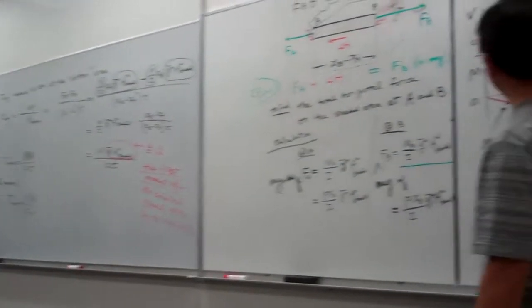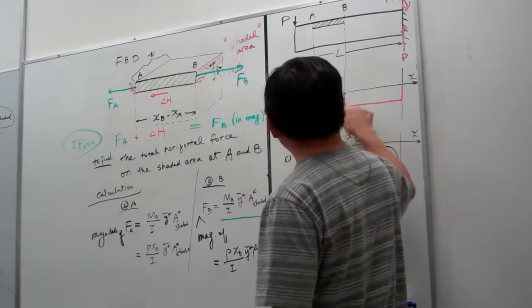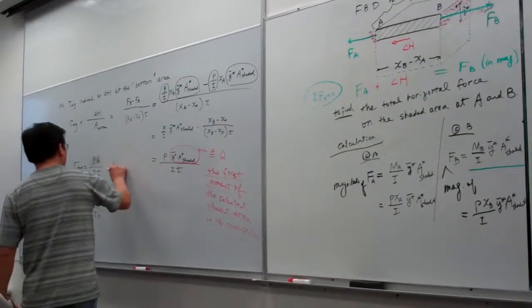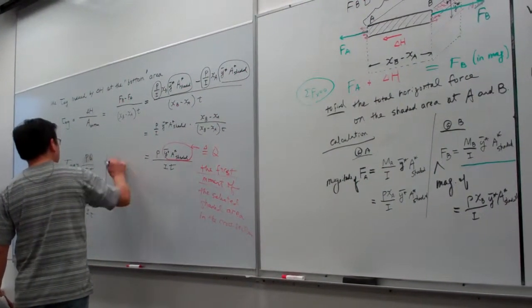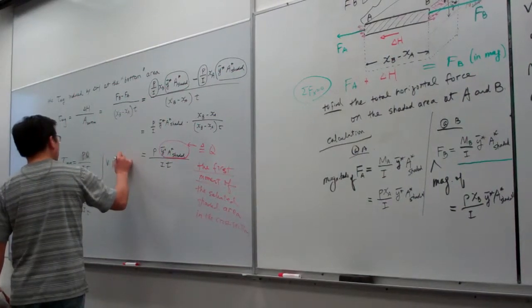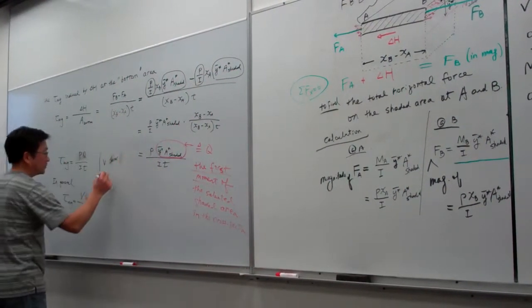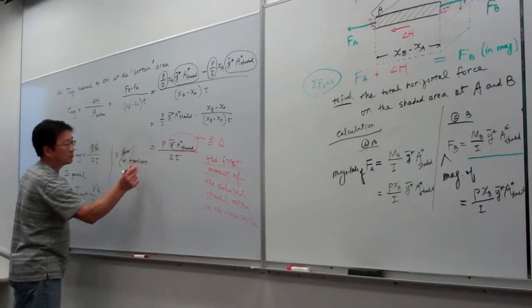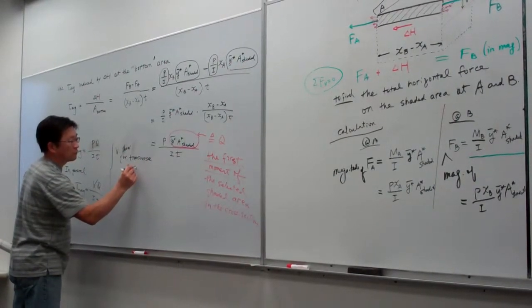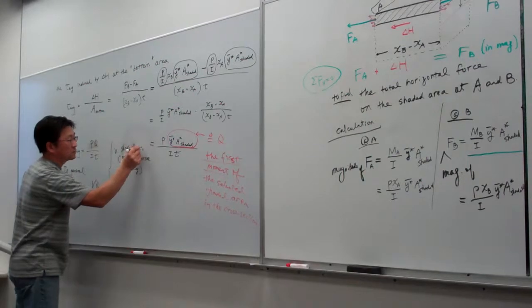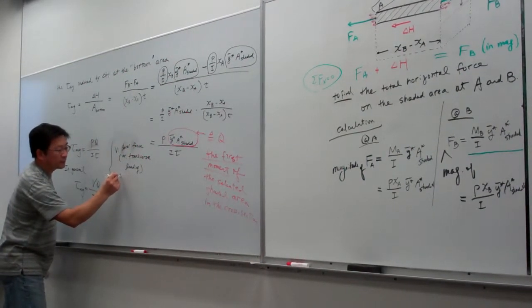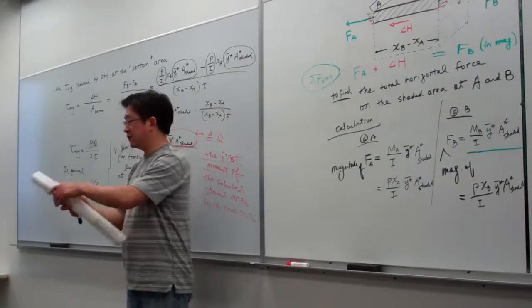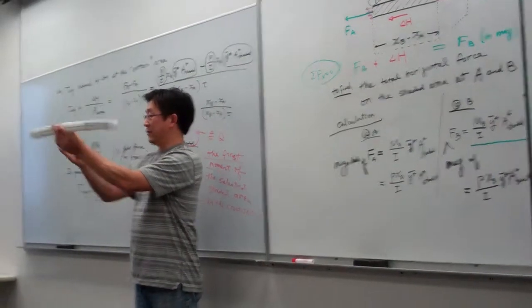The V is here, and that's the V. So let me give you the definition. V is the shear force, or transverse loading, at the selected cross section.